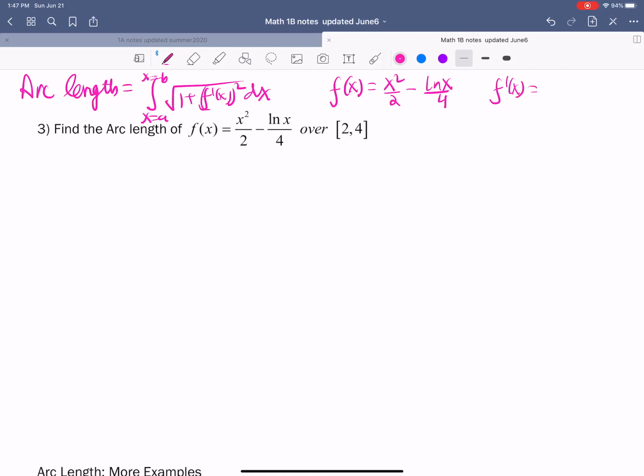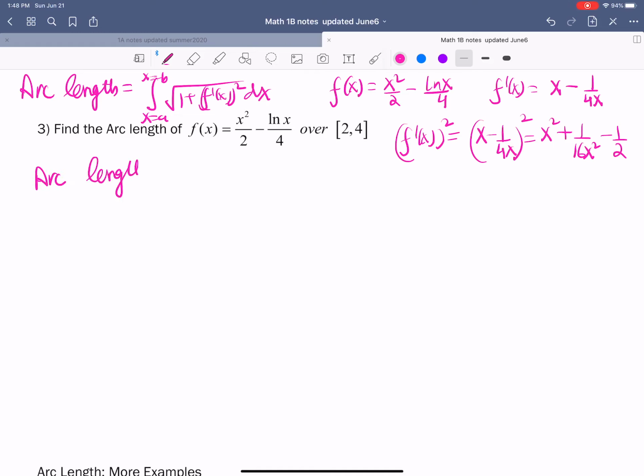What's f prime of x? Let's go ahead and take the derivative. The derivative would be 2x over 2, which is x, minus 1 over 4x. If I do f prime of x squared, then I have x minus 1 over 4x, squared. If I FOIL that, x squared plus 1 over 16x squared minus 1/2. Now let's plug it into the calculator.